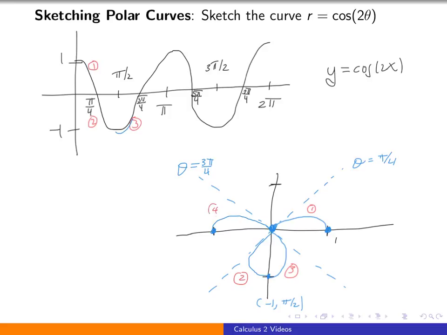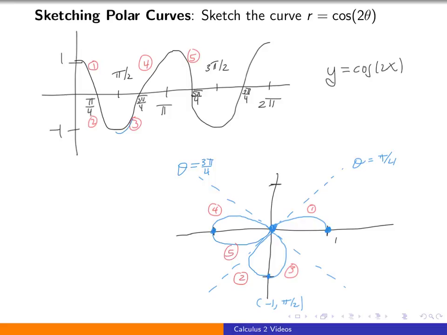For the fifth portion of our curve, we're going from theta equals pi to 5 pi over 4, and our r value is positive in this range. We go from r equals 1 at pi, and as we increase theta to 5 pi over 4, our r value shrinks down to 0. So roughly speaking, something like this.